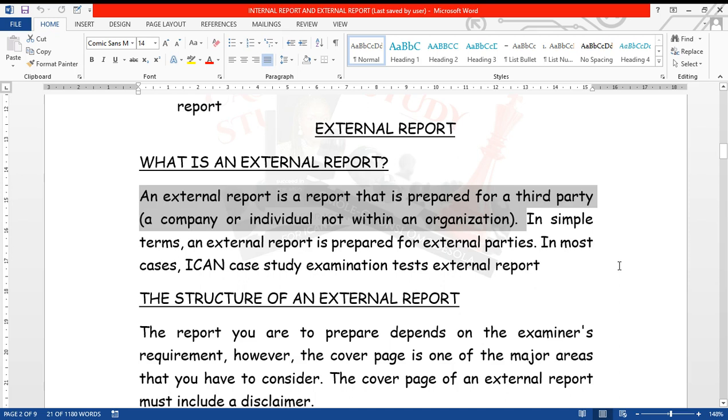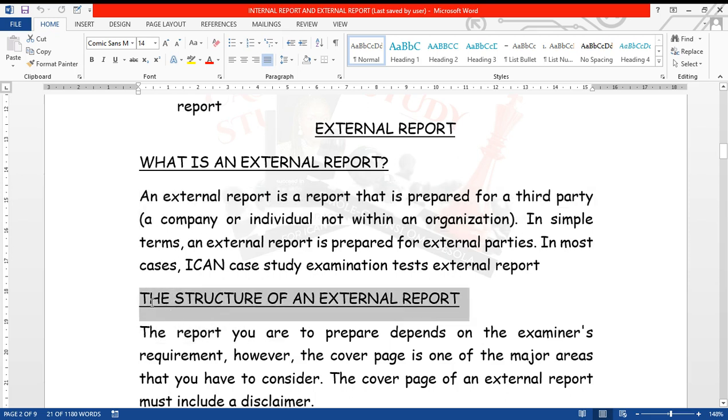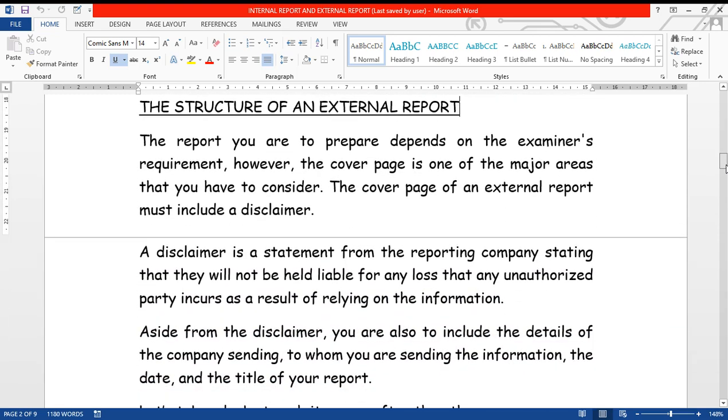Now, the most important thing: you now know that an external report is written to a party outside the organization. So how do I now write an external report? What is the structure of an external report? Let's look at it in total. The report you prepare depends on the examiner's requirements.